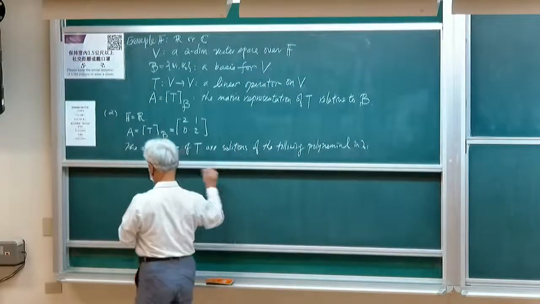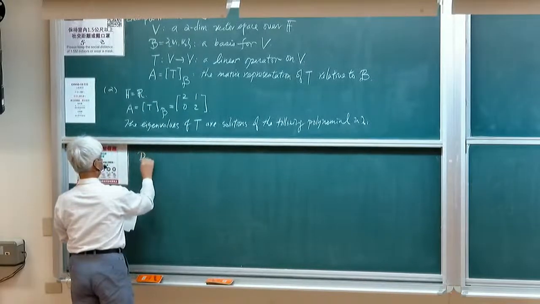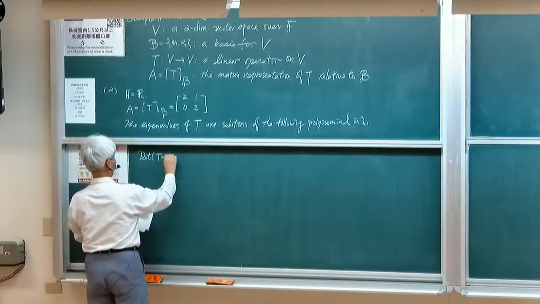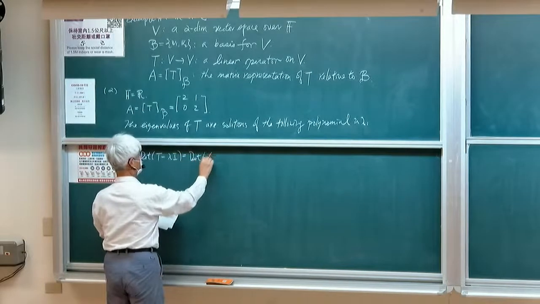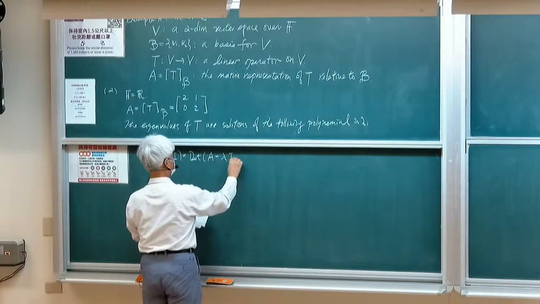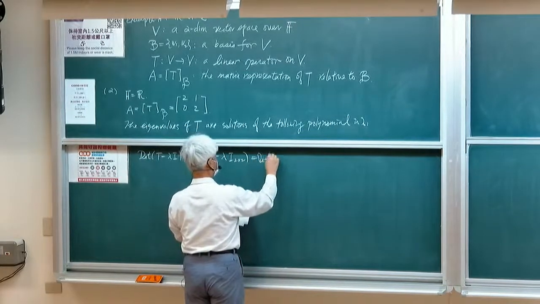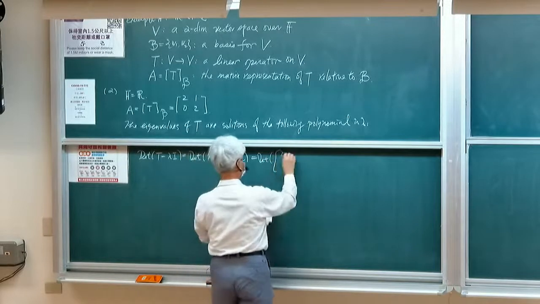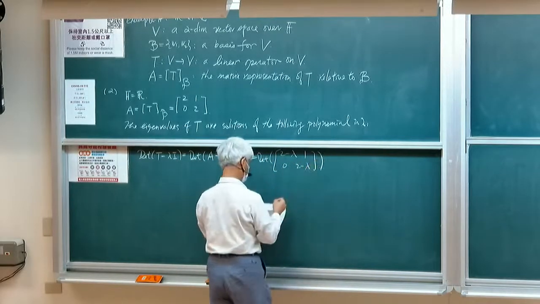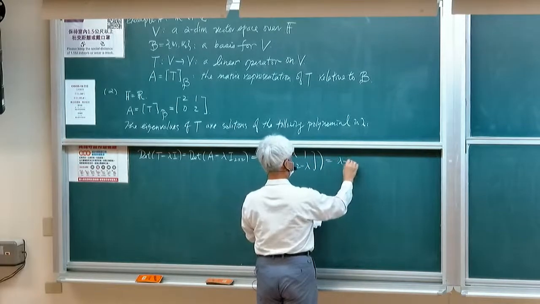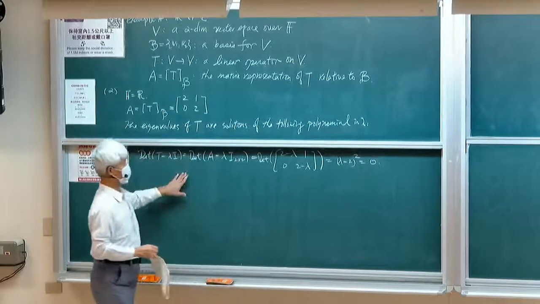So the determinant of T minus lambda I, which is equal to the determinant of A minus lambda times the 2 by 2 identity. So this is the determinant of the matrix, which becomes lambda minus 2 squared. All right, so we have to solve this polynomial equation.